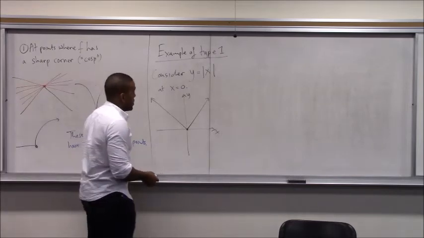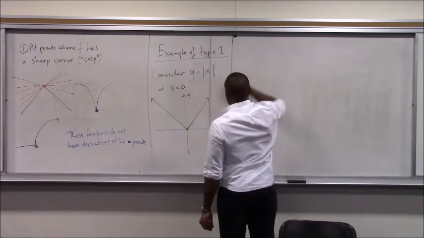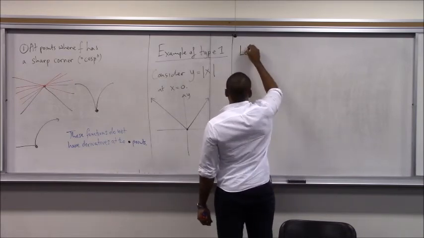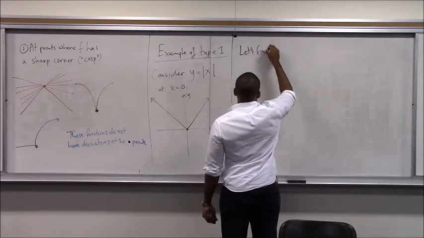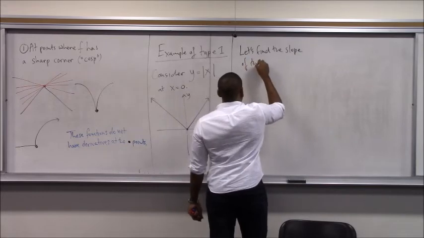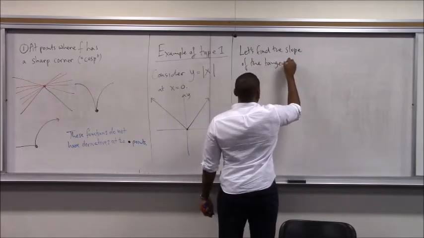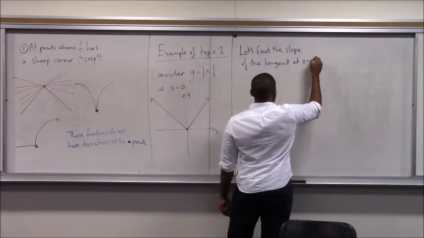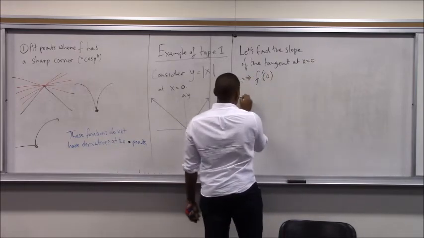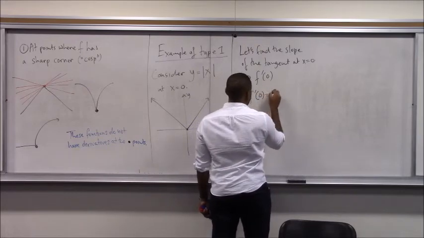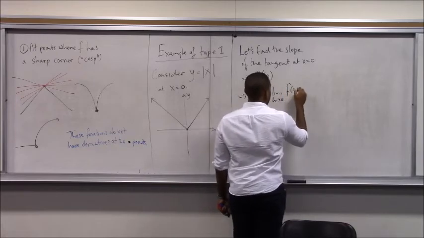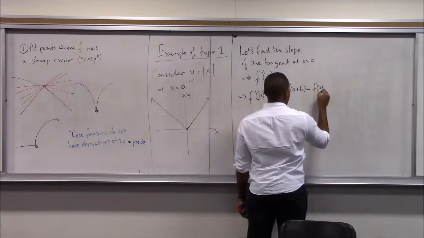You might not be convinced that there's no tangent line there, so let's actually find the slope of the tangent line here. That is just f prime of 0. And for f prime of 0, let's look at the definition so you can see it a little clearer: the limit of f of 0 plus h minus f of 0, over h.